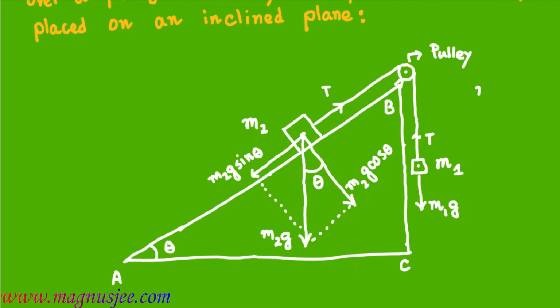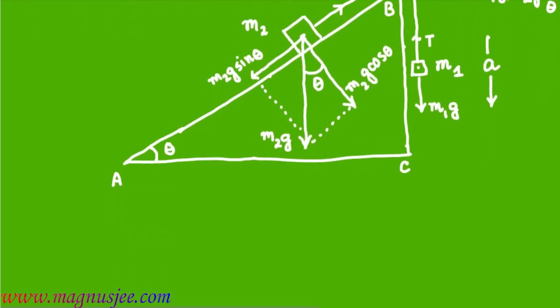Now, if m1g is greater than m2g sin theta, then the body of mass m1 will be moving downwards with an acceleration a, and the other body of mass m2 which is placed on the inclined plane will be moving with the same acceleration a up the inclined plane towards the pulley.